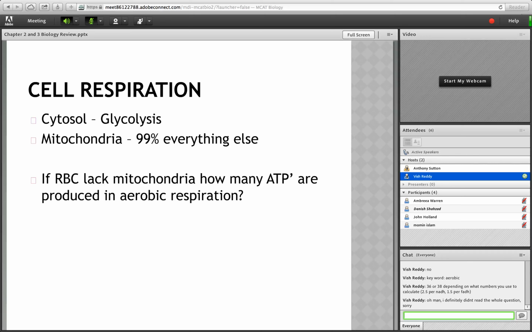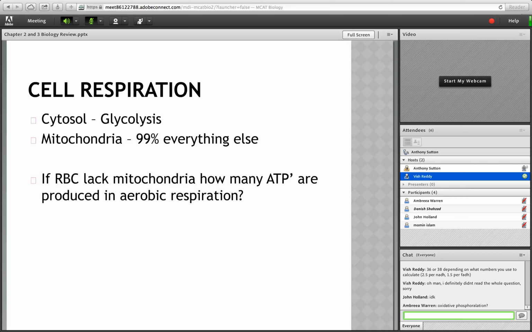John? I don't know. Okay, Ambria? Ambria's typing. She says oxidative phosphorylation.